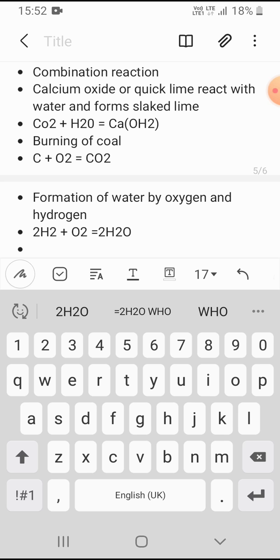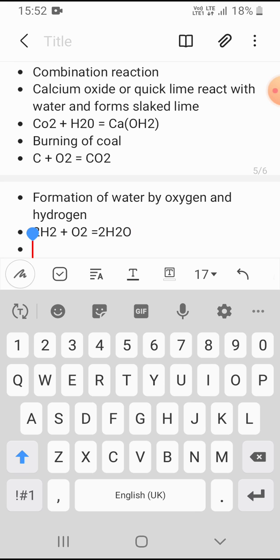Here two molecules of hydrogen and one molecule of oxygen, and the formula we get is 2H2O, that is water.